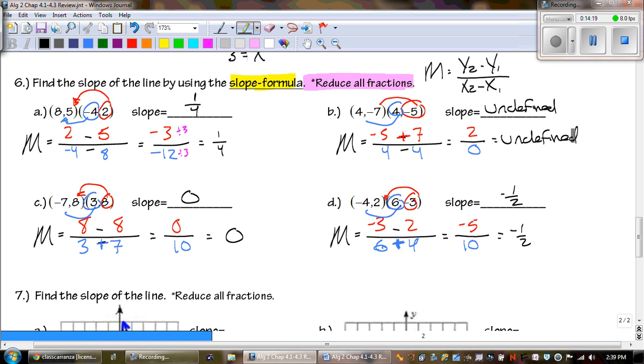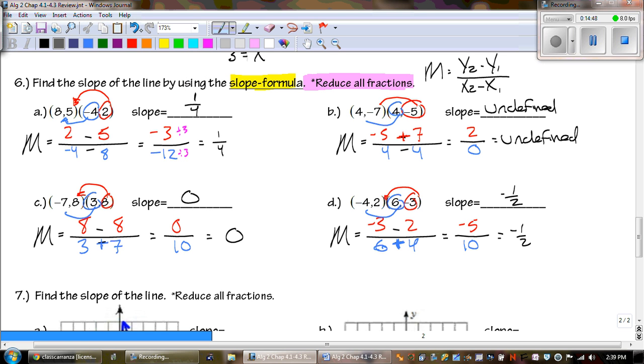Remember, we've talked about it that you need to memorize when it's undefined, and then in C, when it's 0. So for C, 8 minus 8, we get 0 on the top, 3 plus 7 on the bottom. 0 divided by 10 is 0. Okay, last one, negative 3 minus 2, we get negative 5. 6 plus 4 is 10. I can reduce that fraction, and we get negative 1/2.